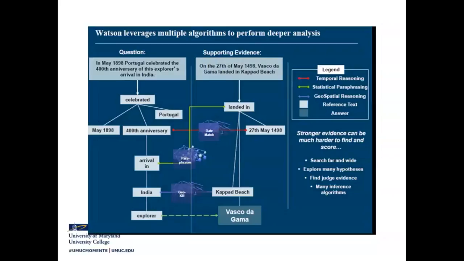The system is able to get the right answer, which is that Vasco da Gama is the one who on May 27, 1498 arrived at Kappad Beach, which is in India. But you see, the answer is not found by simple keyword search. So I like these two slides very much.